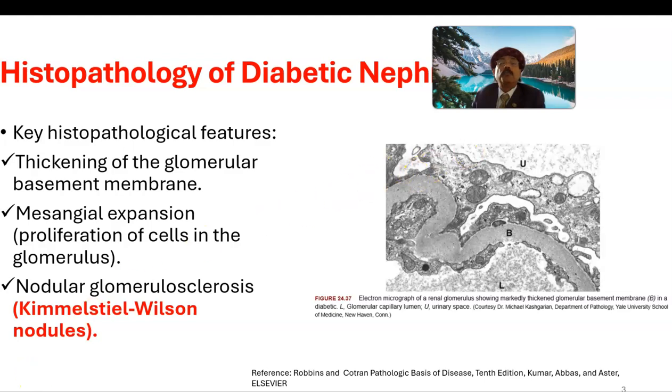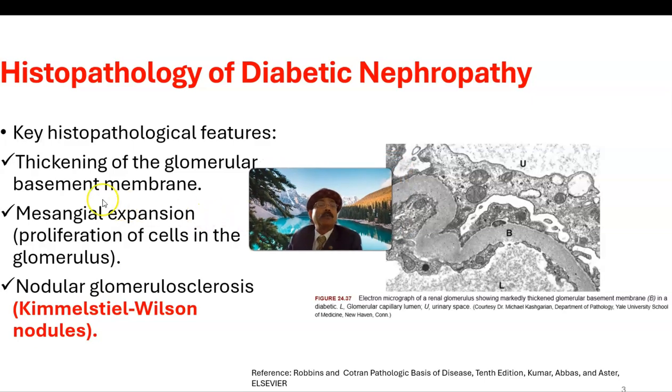If we go to the histopathology of diabetic nephropathy, we'll find key histopathological features: thickening of the glomerular basement membrane. So we'll see the basement membrane is very much thickened, and mesangial expansion, proliferation of cells in the glomerulus. The surrounding part will get mesangial expansion.